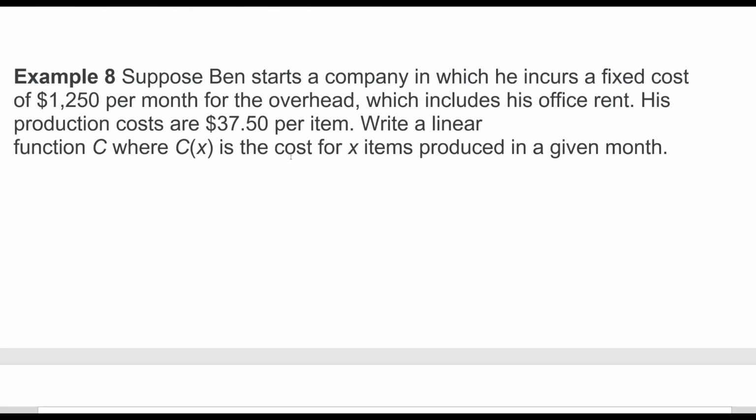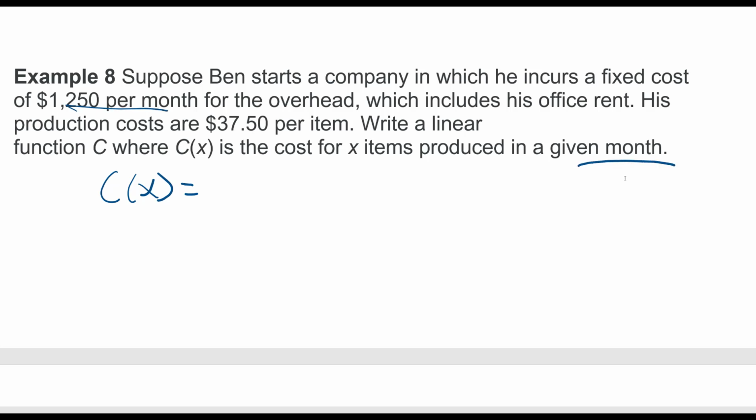Example 8. Suppose Ben starts a company in which he incurs a fixed cost of $12.50 per month for the overhead, which includes his office rent. His production costs are $37.50 per item. Write a linear function C, where C of x is the cost for x items produced in a given month. So our C of x equals, I'm glad that they mentioned that this is per month and this is per item.